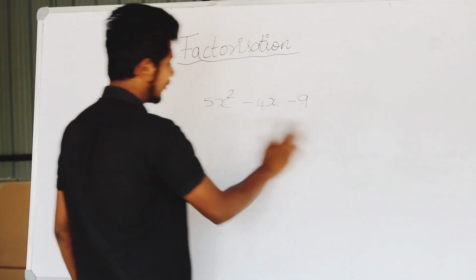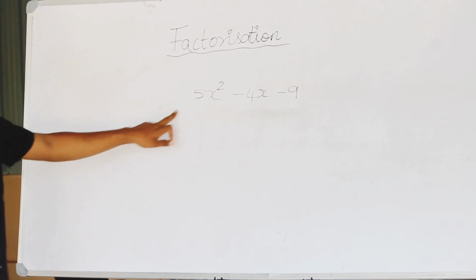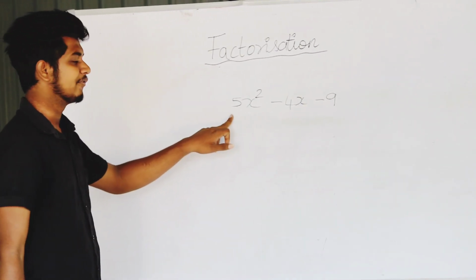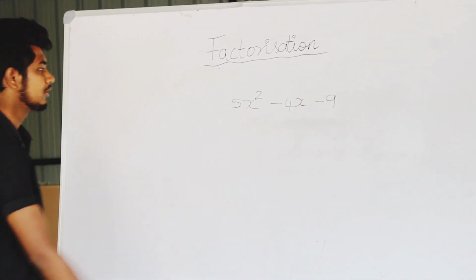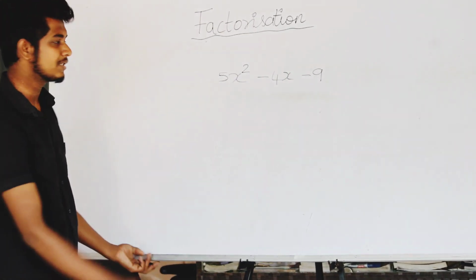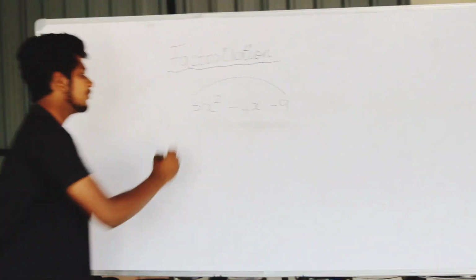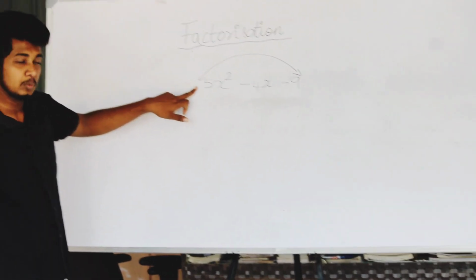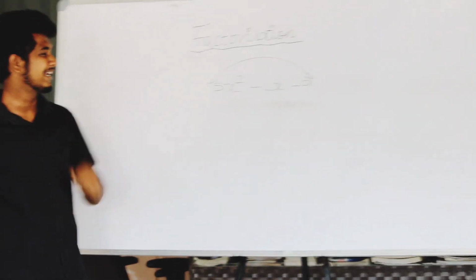So in this question we have a proper equation. So let us start the sum. Before starting the sum, what we have to do is multiply the first and last number. Okay, multiply first number with last number. Always try to multiply with the signs.